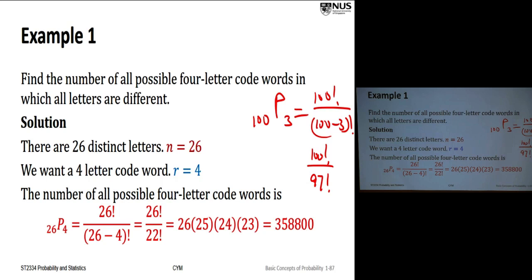You don't know how to multiply 99 by 98? That's my point. Sometimes you don't have to apply mechanically, use your brain. 100 factorial divided by 97 factorial, you cancel a lot of the factors and you are only left with 3 factors: 100, 99, and 98.